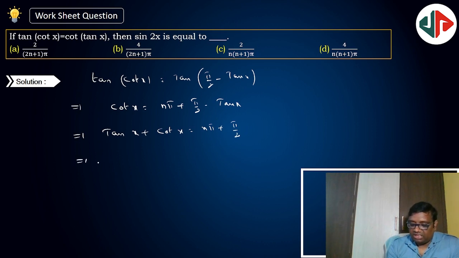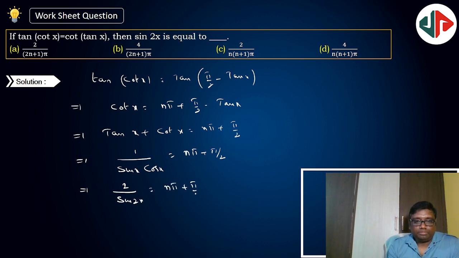If you simplify, it becomes 1 by sin x into cos x is equal to n pi plus pi by 2. If you multiply by 2 and divide by 2, it becomes 2 by sin 2x is equal to n pi plus pi by 2. So sin 2x is equal to 2 by (n pi plus pi by 2).